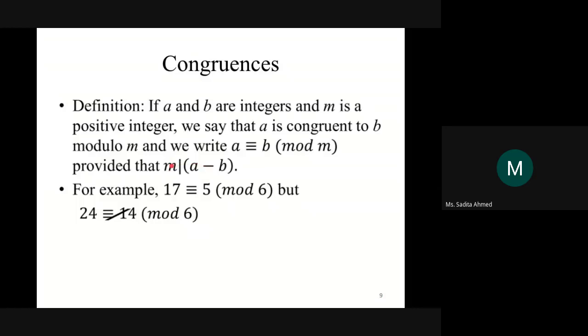If you understand what it means for some integer to be congruent to some other positive integer, based on this definition, there are some properties. We'll see 5 properties to be exact. And those properties can be used in order to prove other properties or other things.